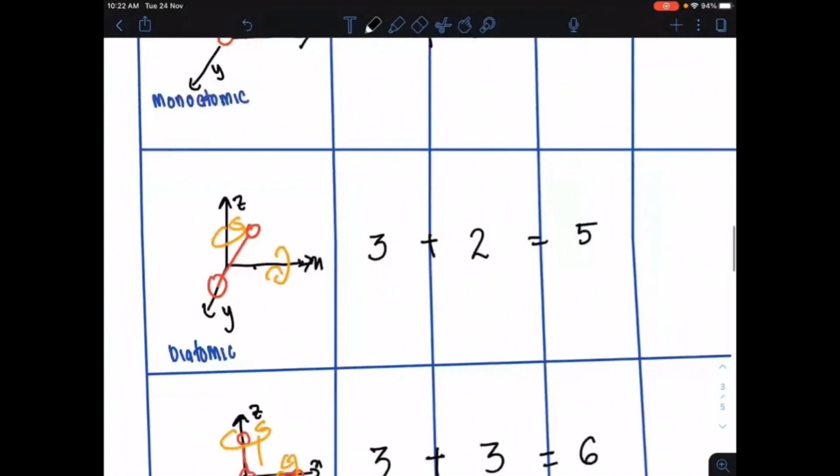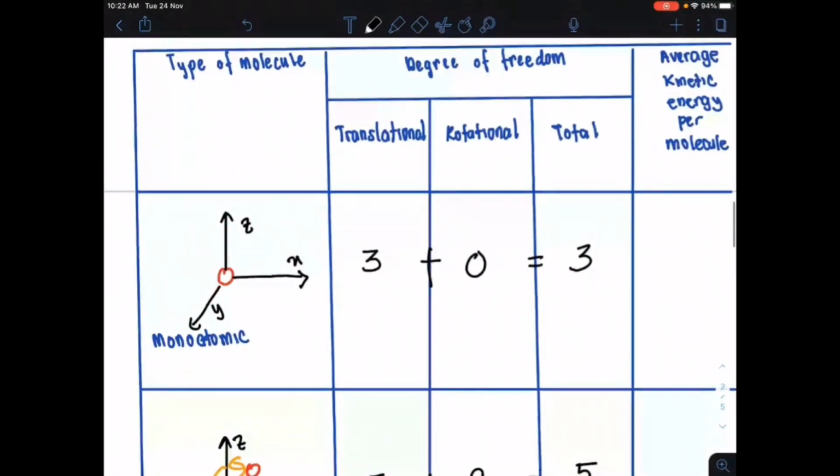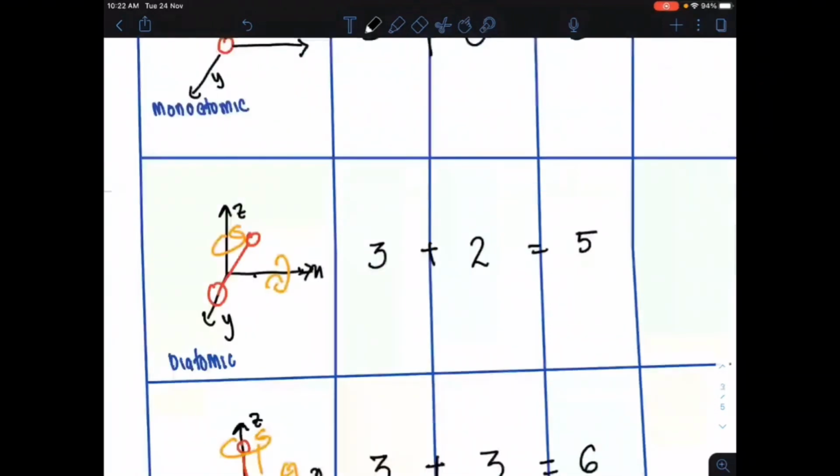So untuk monoatomic, kamu ada 3 translational way, 0 rotational, maka total degree of freedom kamu menjadi 3. Diatomic, 3 in translational, 2 in rotational, maka you have 5 degree of freedom.